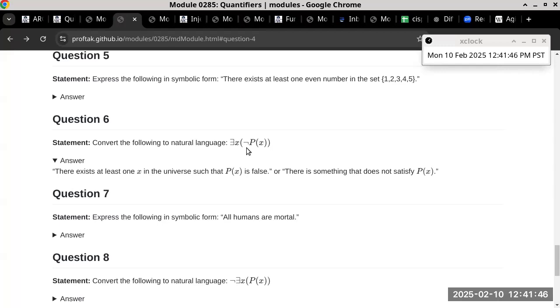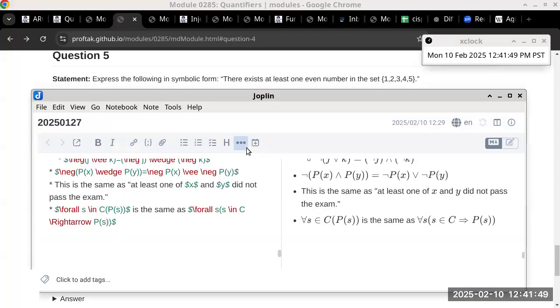Okay. So let me try to track what you said. What was the sentence again? Well, okay. Let me try to type what you just said. Okay. There exists one thing X in the universe.